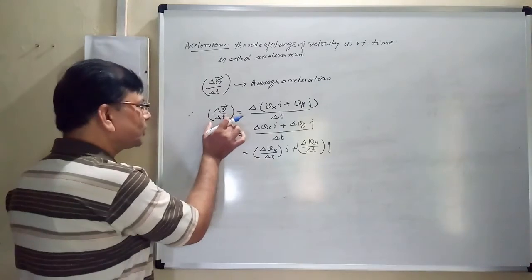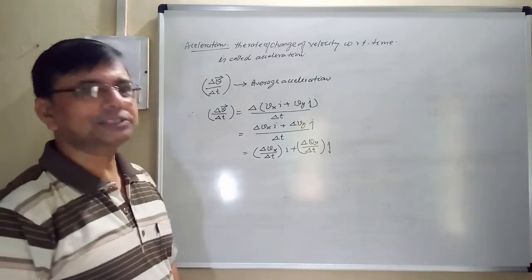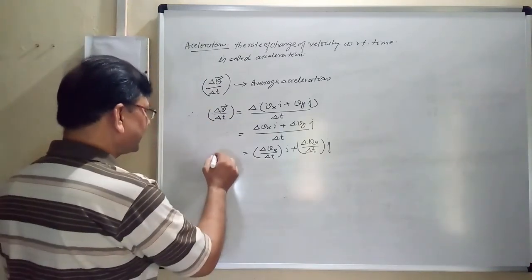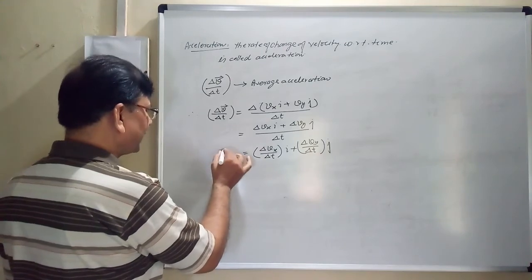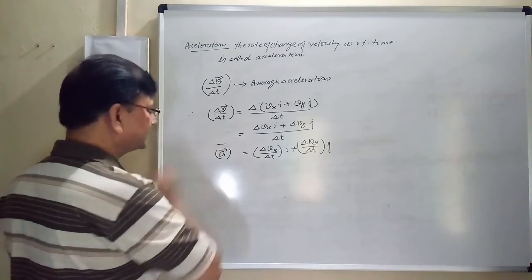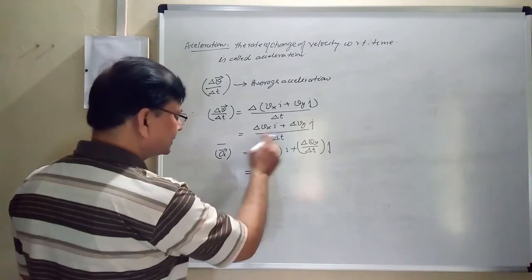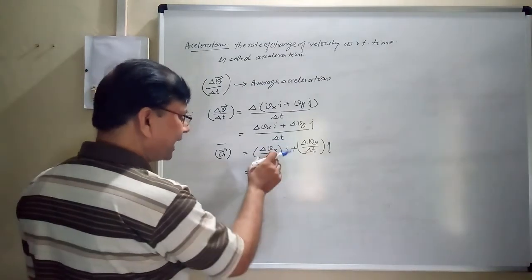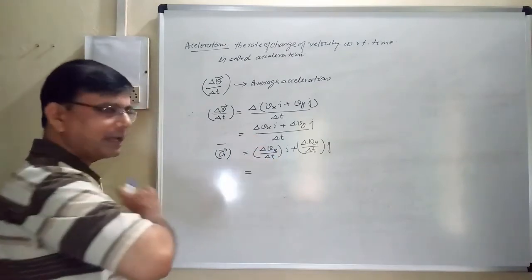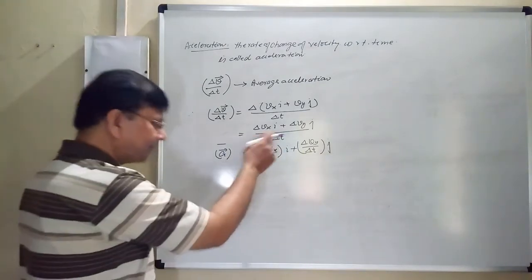So this is called average acceleration. So we will write average acceleration, and this is equal to what? That is average acceleration along x-axis magnitude.